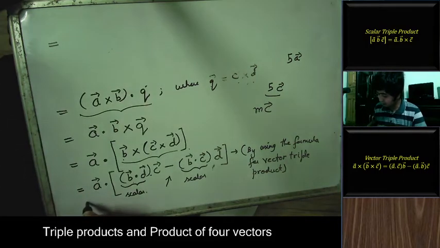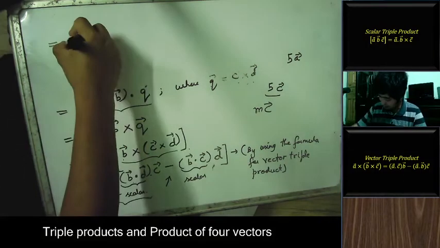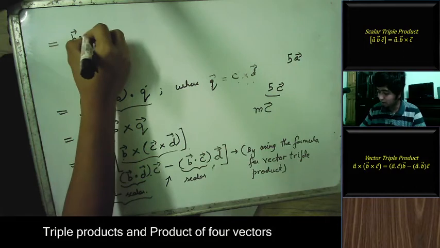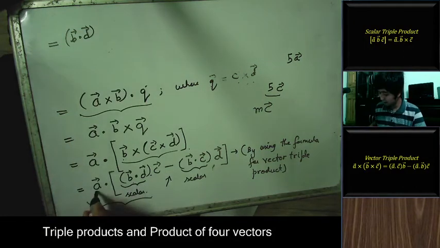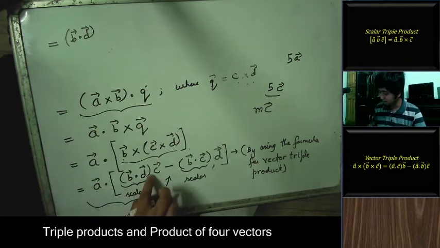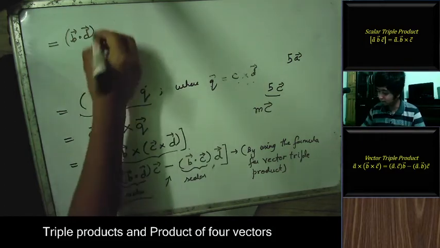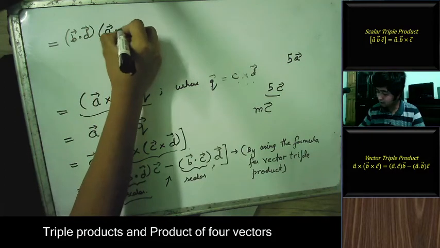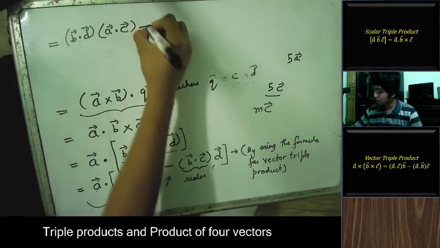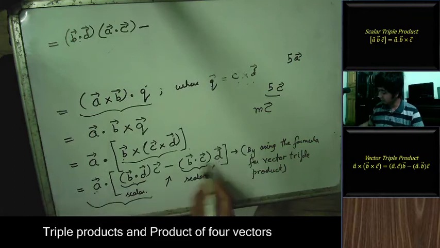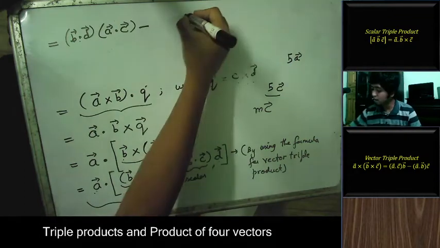So if you are taking the dot product of this and this, you can write it as B dot D, the scalar you can take to the front, and then A dot C, again nothing in between, minus A dot D. I will write it behind.